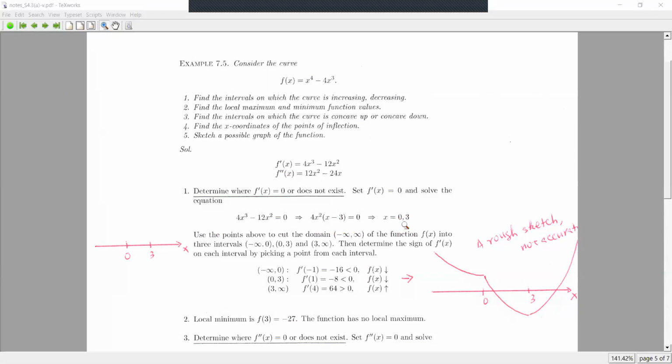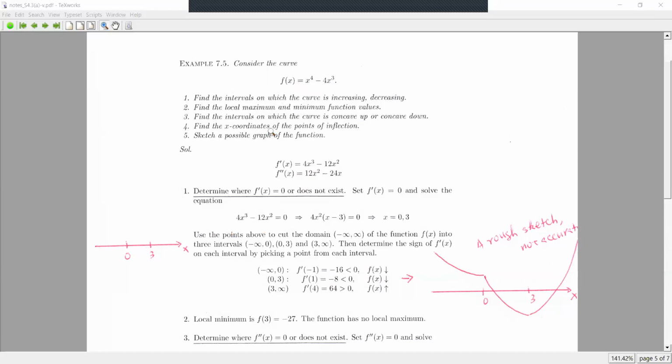Now I use these 2 points to cut the domain of the function. Why cut the domain of the function? Because outside the domain, the function has no graph, so we don't need to consider points outside the domain. The domain of a polynomial is any number from negative infinity to positive infinity.